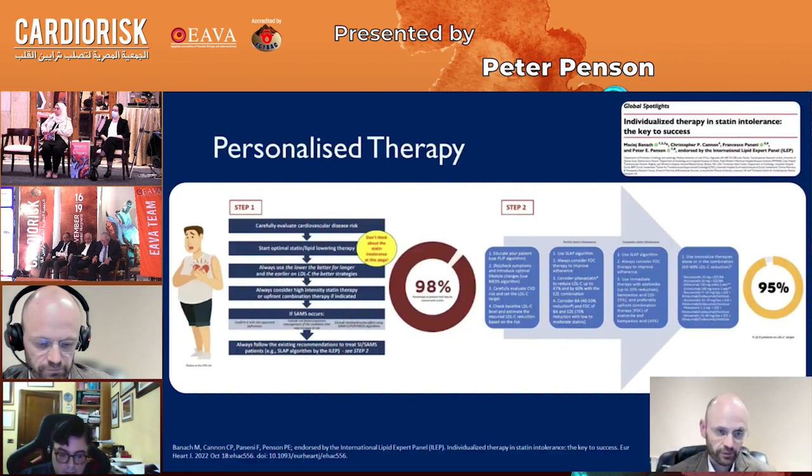So when we initiate patients on statin therapy, we evaluate the risk of cardiovascular disease, we start optimizing statin therapy, and apart from perhaps removing reversible risk factors, we don't worry too much about statin intolerance at this stage, because we remember and we educate patients that in terms of LDL lowering, lower is better for longer. And the earlier we get patients to target, the better. So we will often use high-intensity statin therapy at the outset of therapy.